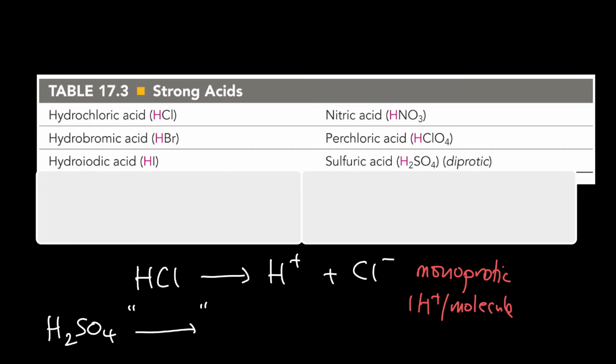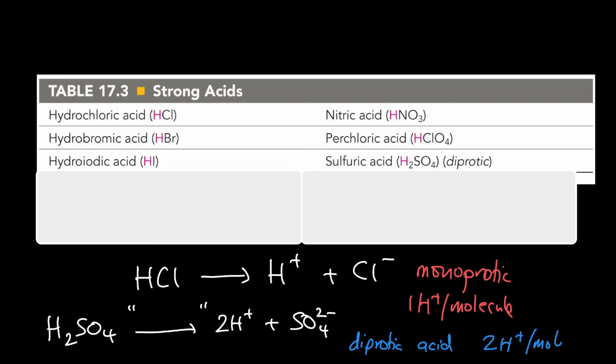I'll write an arrow here; it's actually an equilibrium. It actually loses the 2 protons one after the other. So that's 2 hydrogens per molecule. We also have triprotic acids that can form 3, and in general, when we've got lots of them, we call them polyprotic acids, where poly means many.